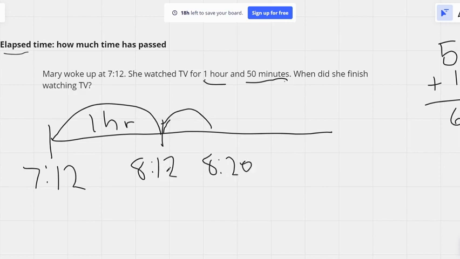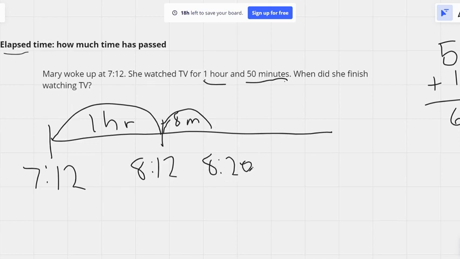So let's see, 8:12 to 8:20. I'm counting 13, 14, 15, 16, 17, 18, 19, 20. So that's going to be 8 minutes. I'm going to write 8, and then I'll do M for minutes. So far I've gone 1 hour, I've gone 8 minutes, and then I need it to be 50 minutes. So I'm going to keep going.